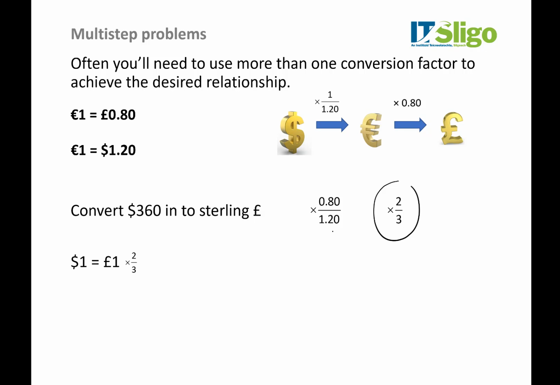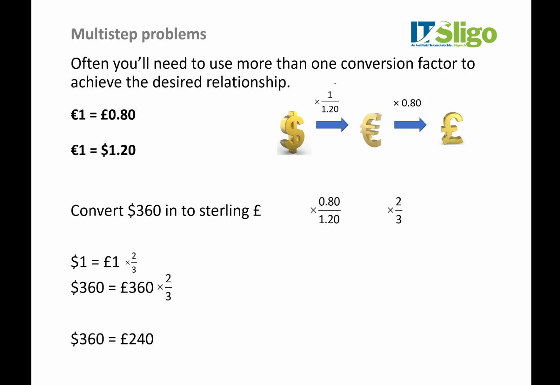So now we can say, well, $1 is this many sterling. And now just multiply both sides by 360. 360 by 2/3, you can cancel, divide by 3, get 120, multiply by 2. So $360, guys, is £240 sterling.